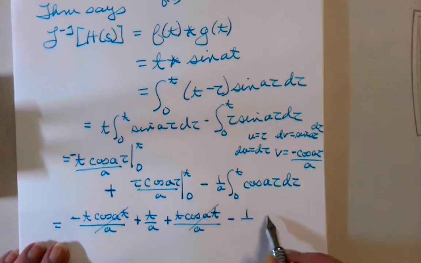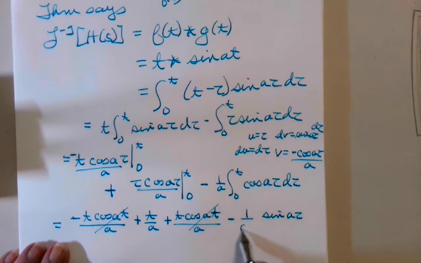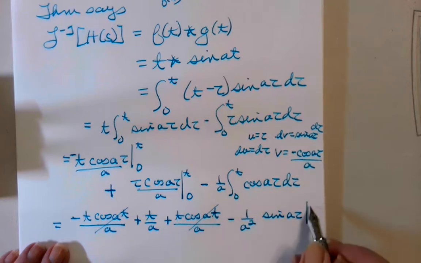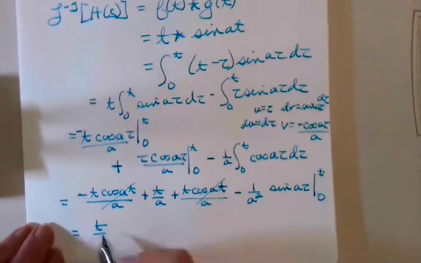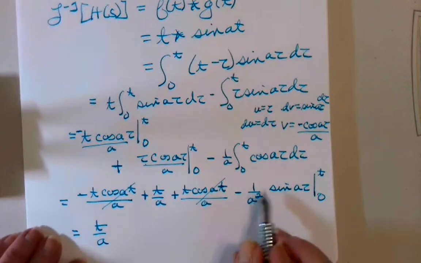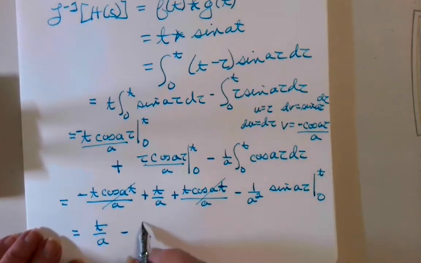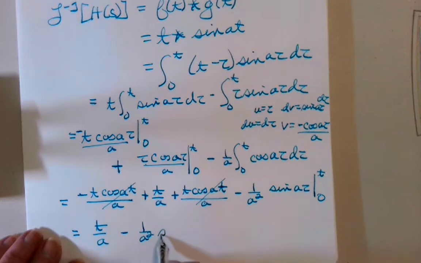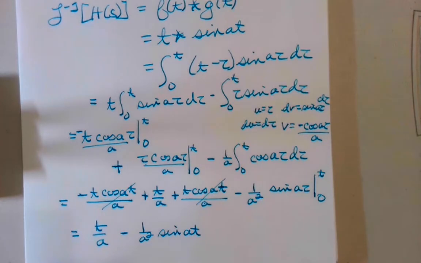When you integrate cosine, you get sine a tau divided by a, but there was a 1 over a out in front already, so it's an a squared, and now you evaluate that from t to 0. So this becomes t over a. And now when we evaluate at t, I get minus 1 over a squared sine a t minus the value at 0, but that's 0.